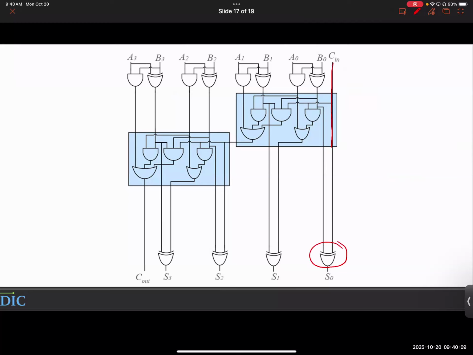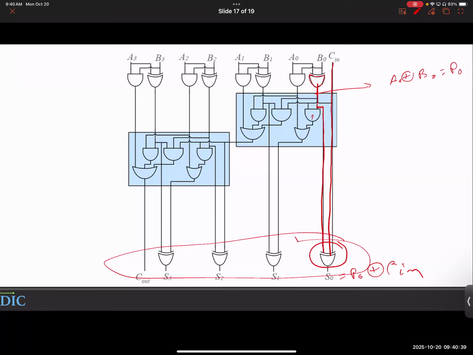You are getting carry in right away. And what was this signal again, folks? This was the propagate signal, remember? As I just told you, A0 XOR B0 is basically P0, which is propagate. So what is this sum? P0 XOR C in. Wasn't that the expression for the sum? So that's how you add. You get the sum out of these XOR gates and you get the carry.